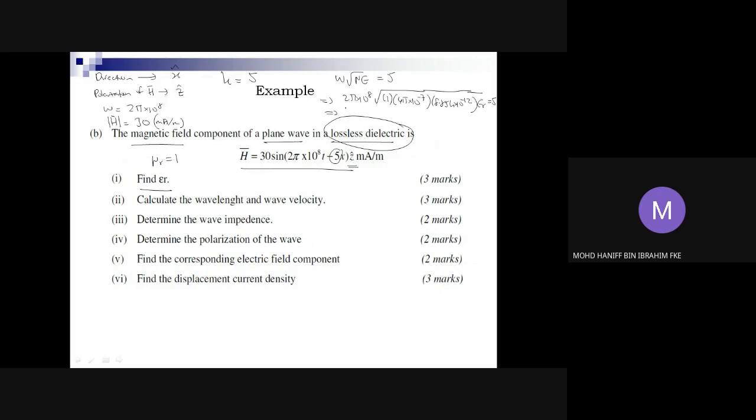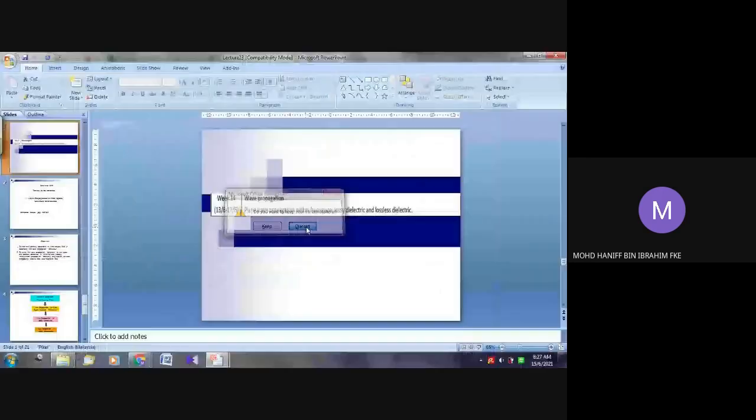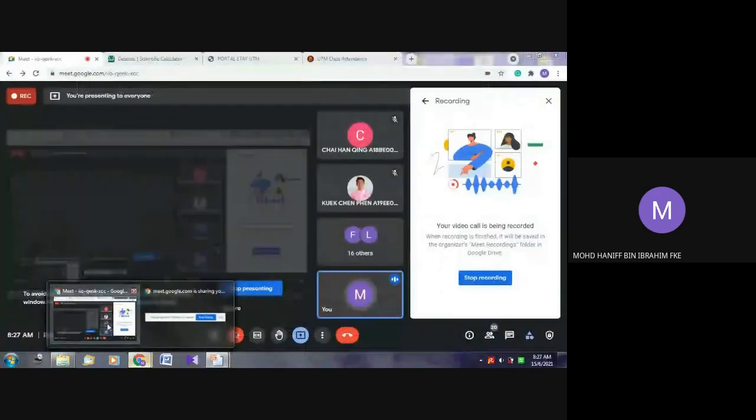Okay, so if we proceed with the calculation of this value, let us calculate it. So we have 2 pi. If you have a calculator, please help me on calculating this value. Sorry, I need to use the online calculator, which is easier for me.